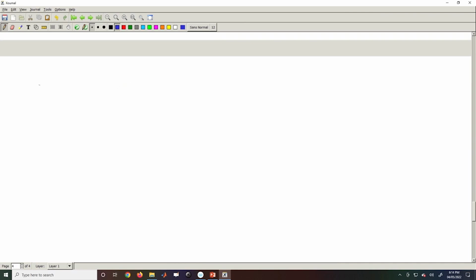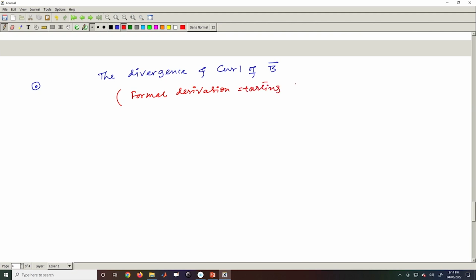So, we already have them. The next thing is the divergence and curl of B, which we already derived, but here we do a formal derivation starting from the Biot-Savart law.